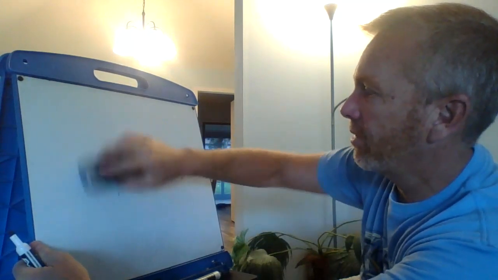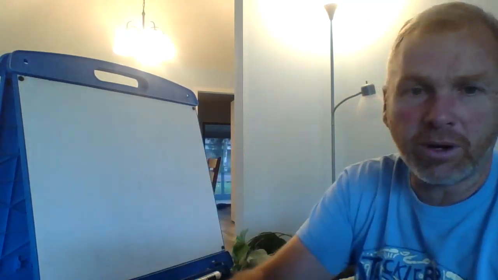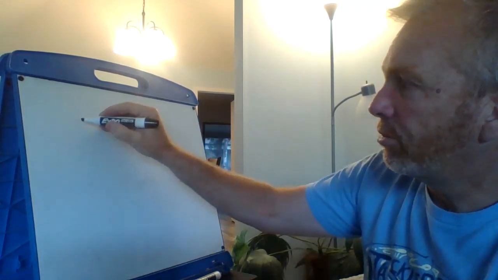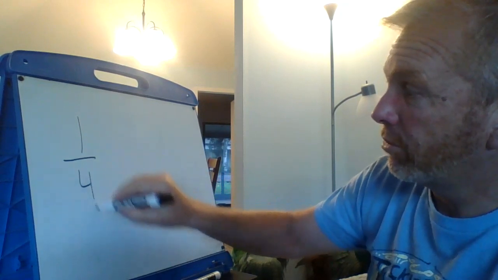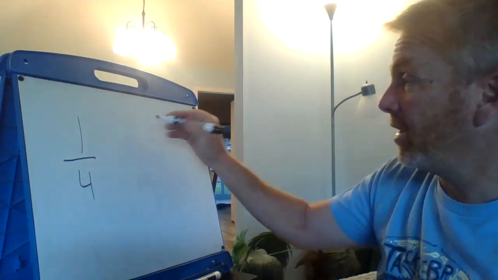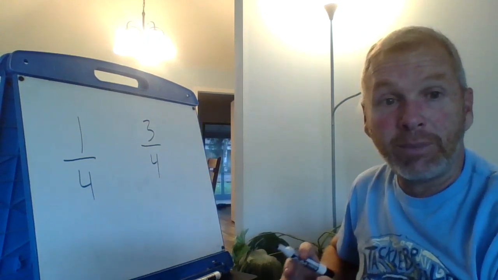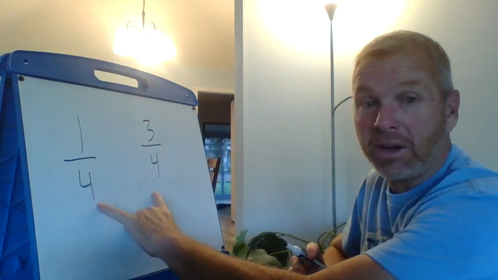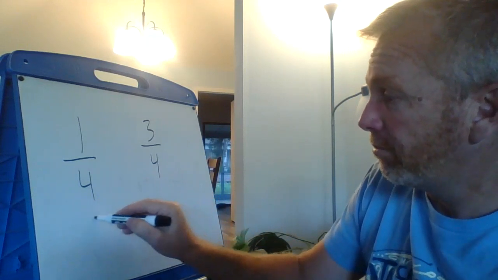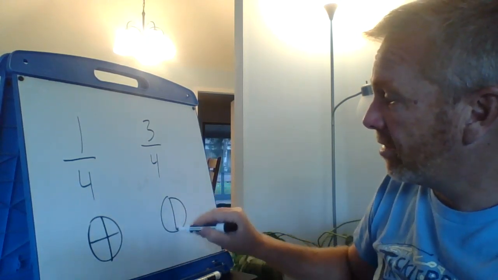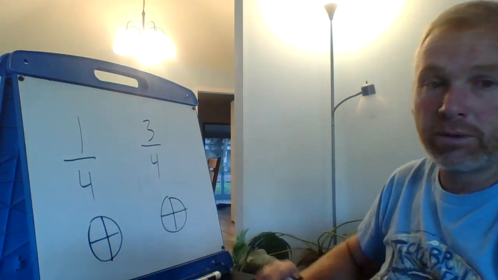So one of the easiest ways that we can compare fractions is if we have the same denominator, then we just compare numerators. So let's go back to the 1/4. So if we have 1/4 and then we have 3/4. If I'm comparing those, I have the same denominator. That means we have 2 pizzas or pies cut into 4.